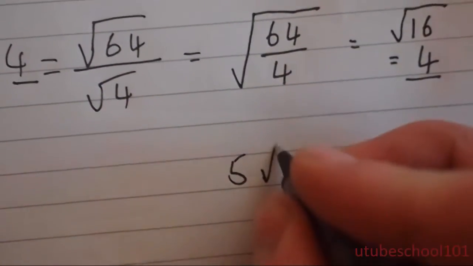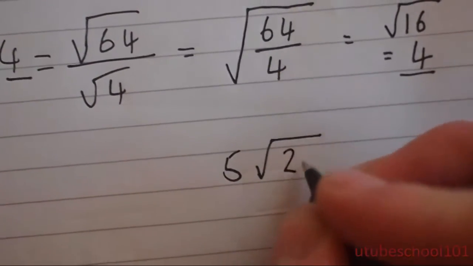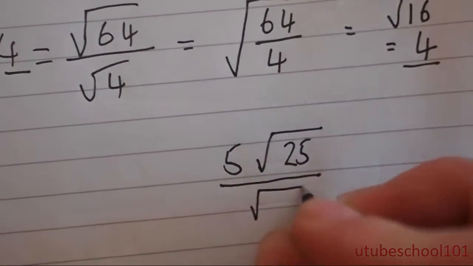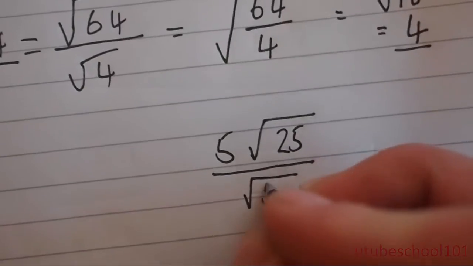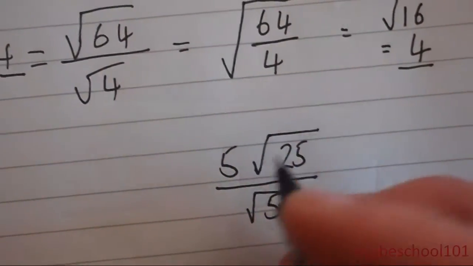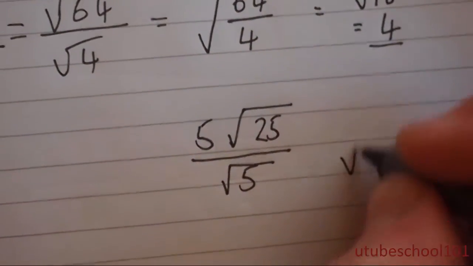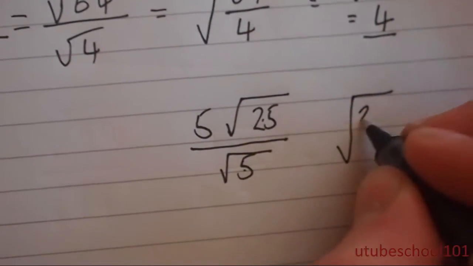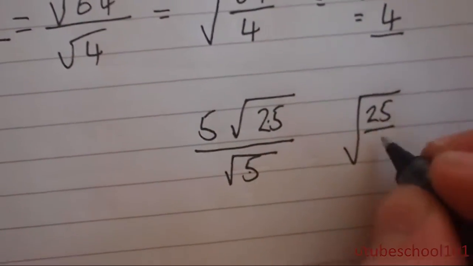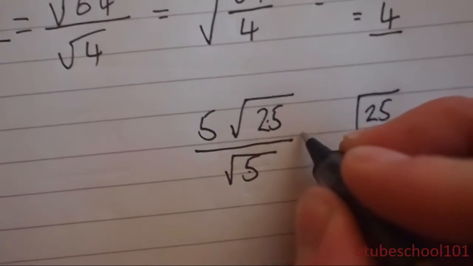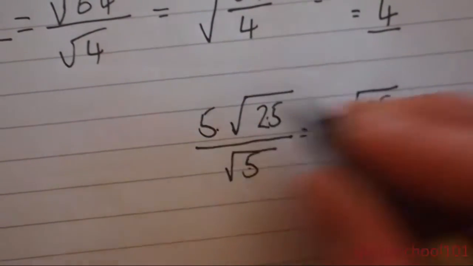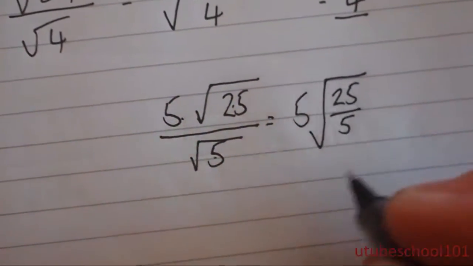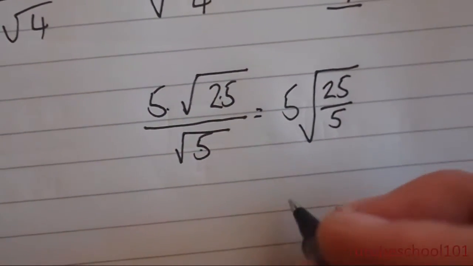So let's use this method to try out perhaps a more complicated one. Let's do square root of 25 divided by 5. So what we do is create the big square root again, put the 25 and the 5, and we multiply it by the 5. So, what's 25 divided by 5?